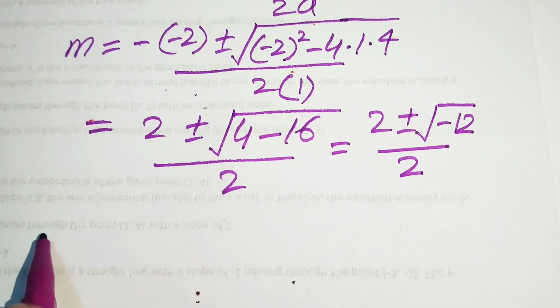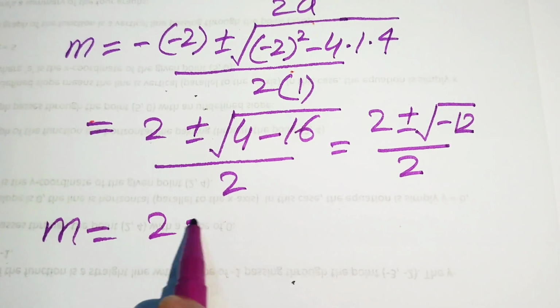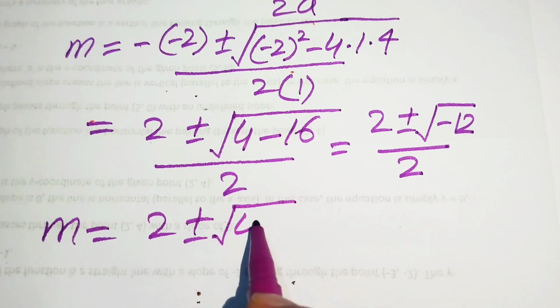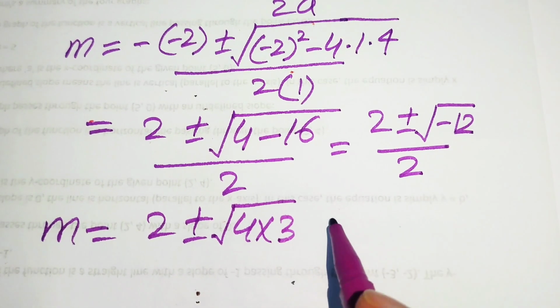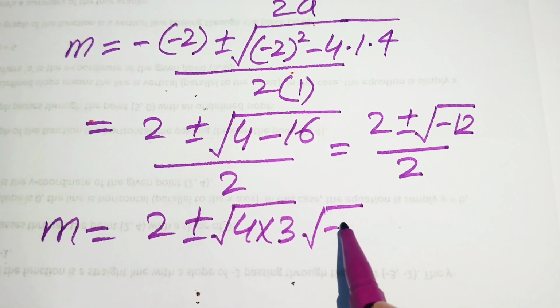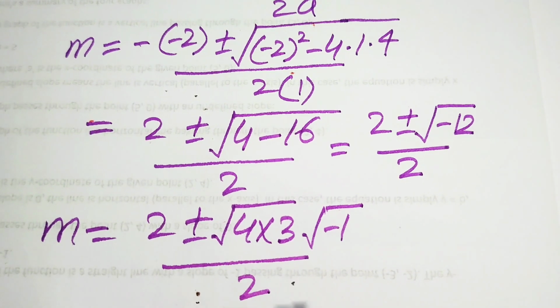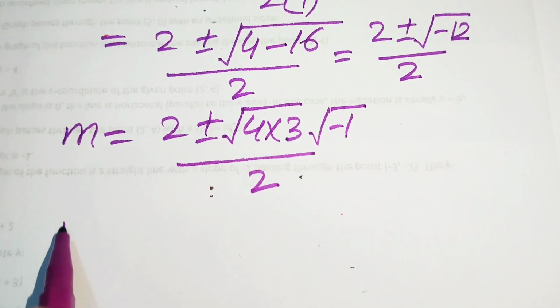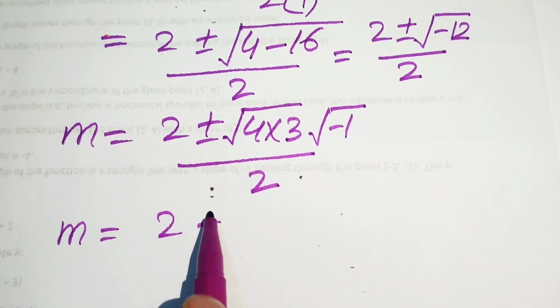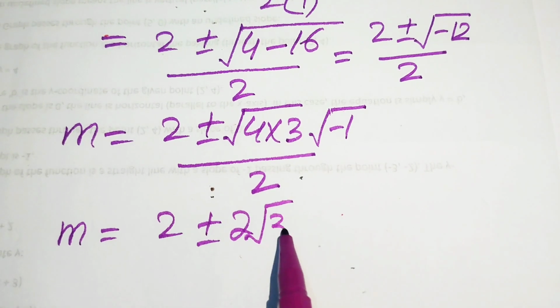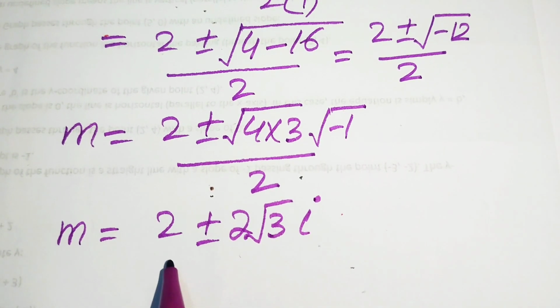And we rewrite this expression as 2 plus minus square root of 4 times 3, and write the square root of minus 1, and it is divided by 2. So we know that square root of 4 is equal to 2 into square root of 3, and square root of minus 1 equals to iota.